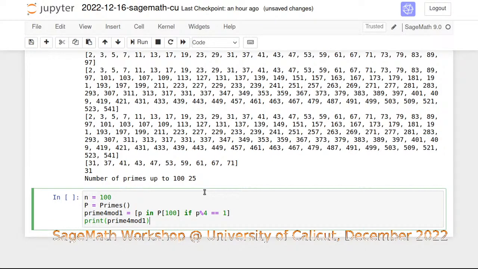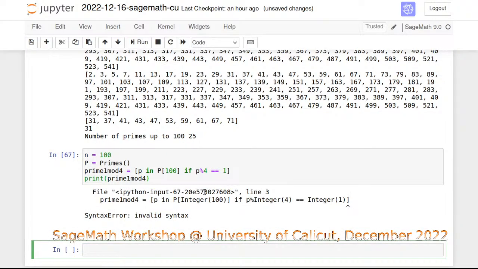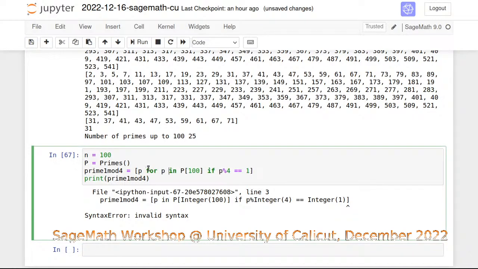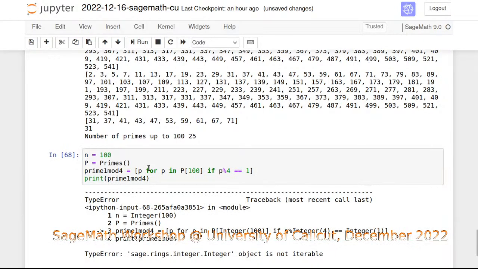Among the first 100, which primes are 1 mod 4? I should have written 1 mod 4. I think that's the correct way to write. Oh, P4, P in P100.